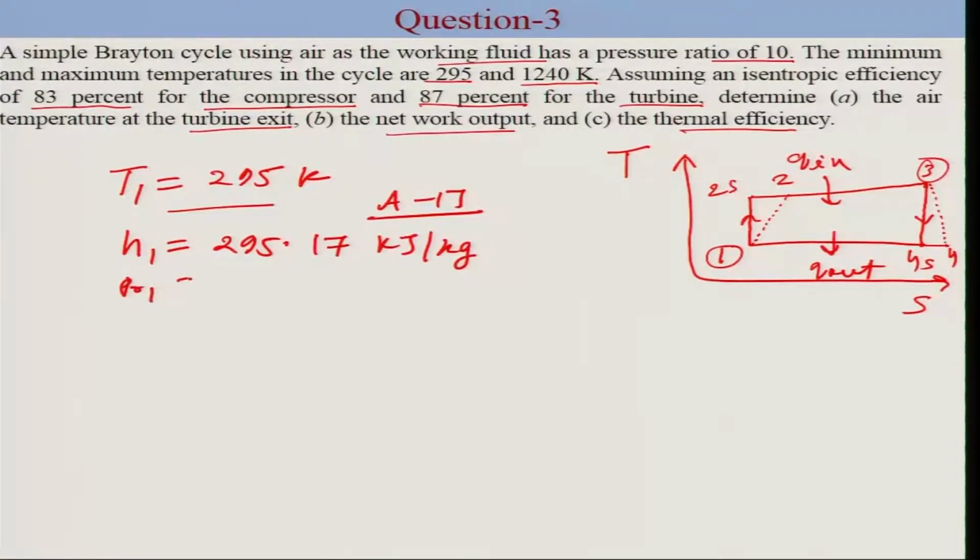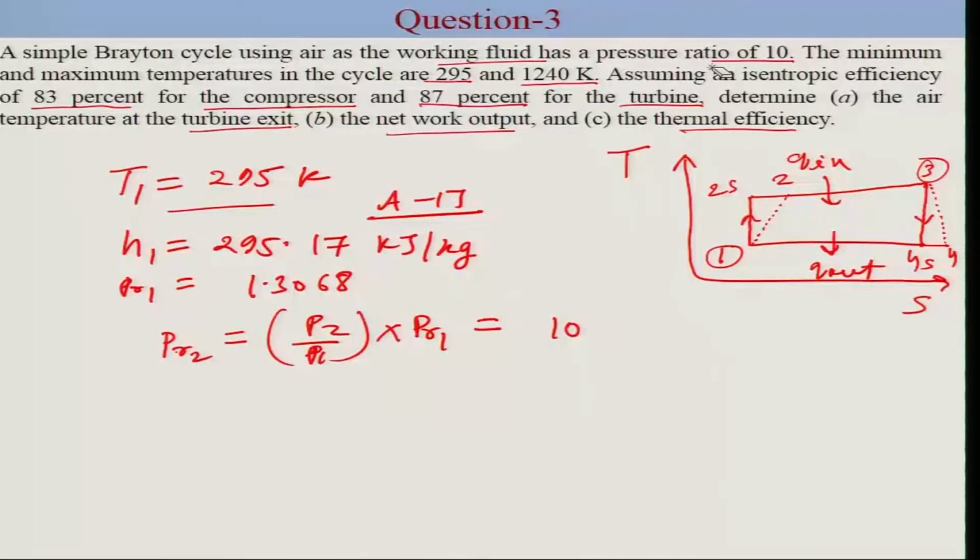Corresponding reduced pressure will be 1.3068. Okay. Now, to get enthalpy at 2s, P reduced at the second state will be P2 upon P1 times PR1. Now, since the compression ratio is given equal to 10, so 10 times 1.3068, which gives 13.07.